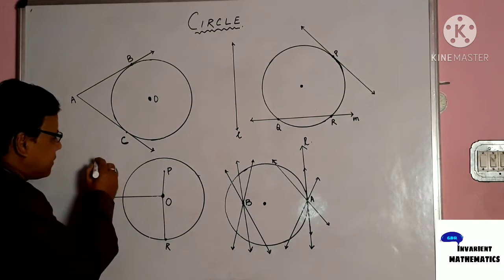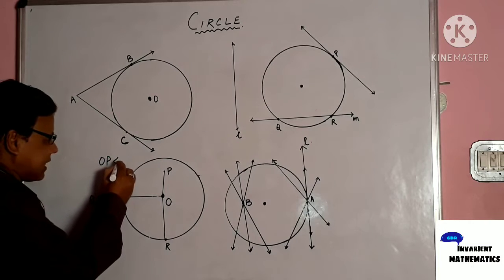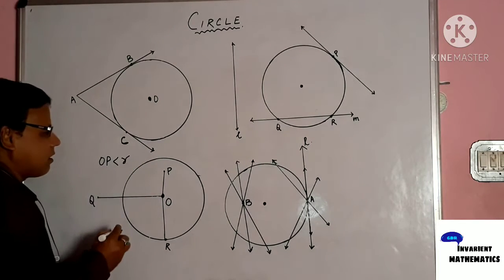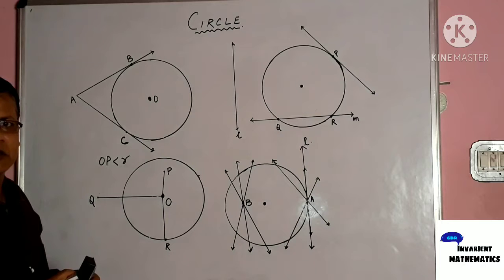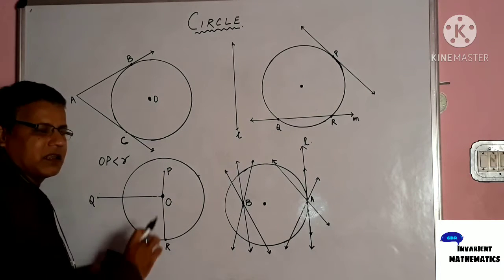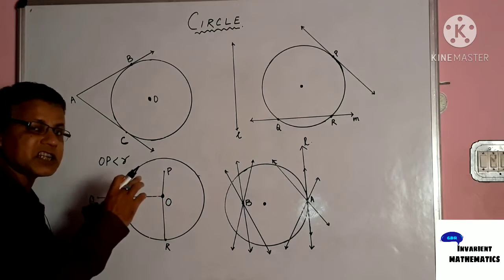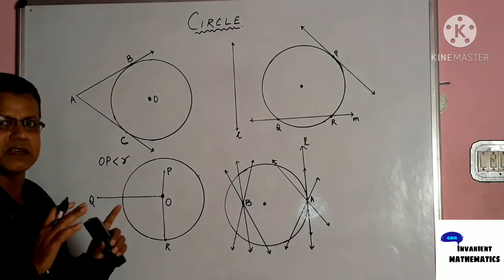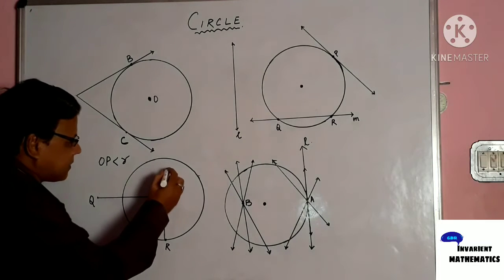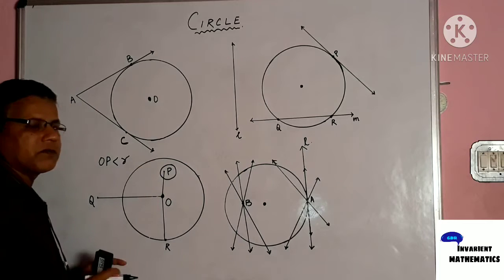Now, the length of OP is less than R, or less than the radius. If the line joining the point with the center has length less than the radius, then that point is known as an interior point of the circle.